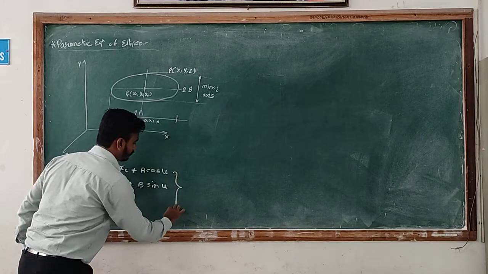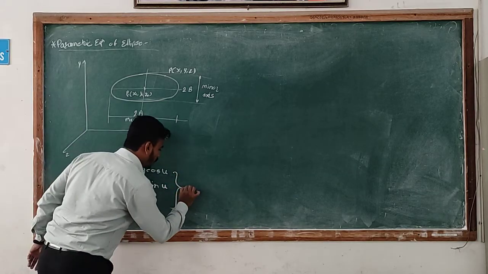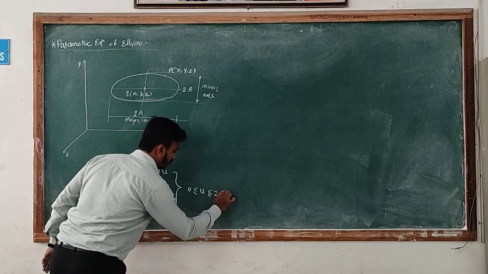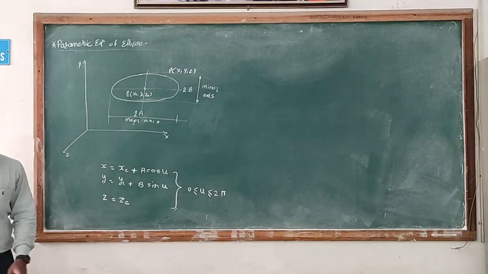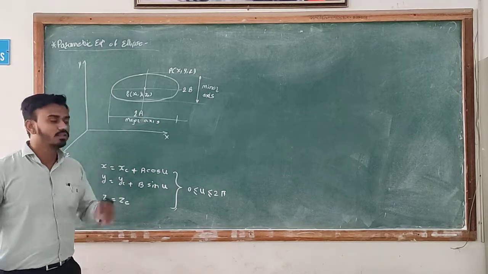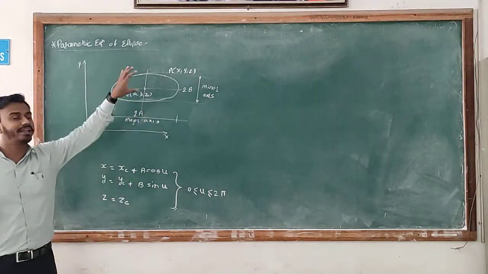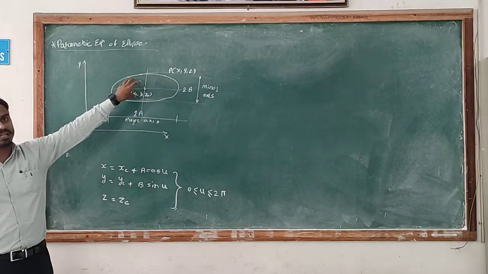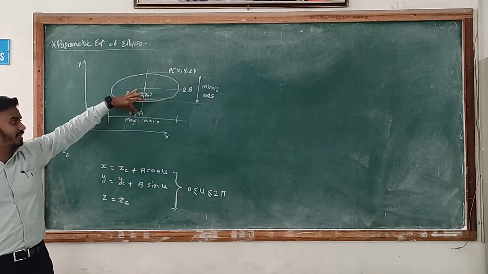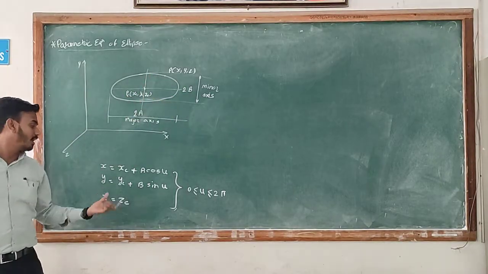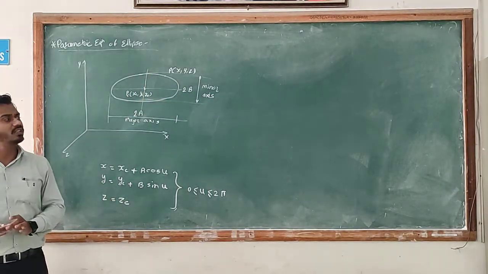Here the value of u varies from 0 to 2 pi. So this is the first case, an ellipse having semi-major axis a and semi-minor axis b, and this is the parametric equation of the ellipse.